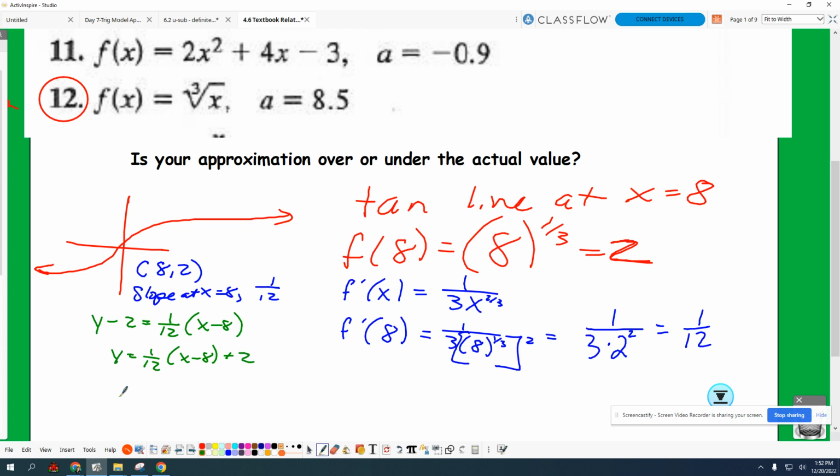Because they're asking me to use this tangent line that we now have to approximate the value here. I want to find L of 8.5, or the approximation using this tangent line.